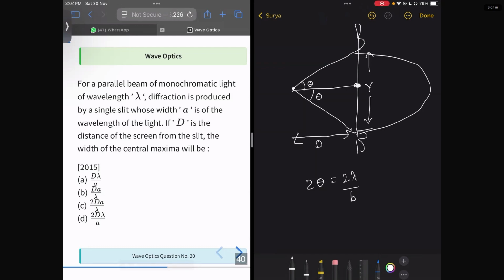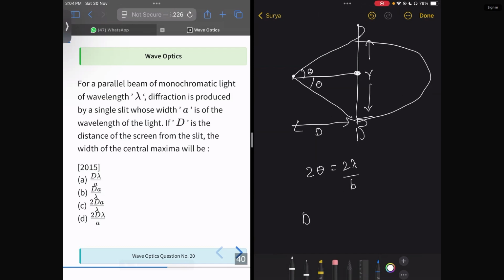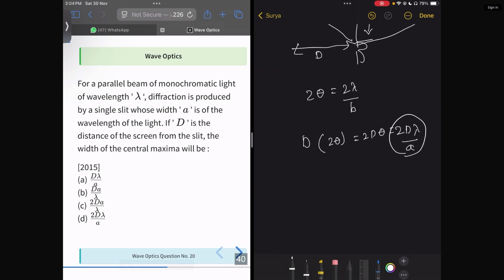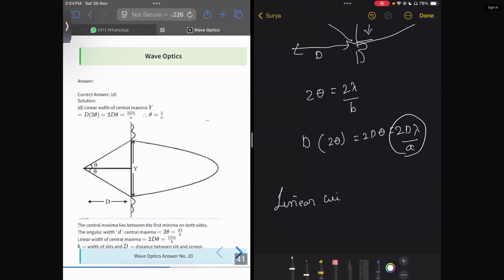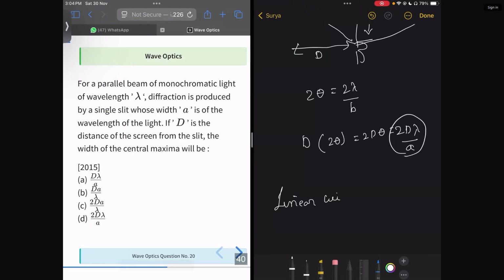D into 2 theta is equal to 2D lambda by a. So the linear width of the central maximum y is equal to 2D lambda by a. So option D is the right answer.